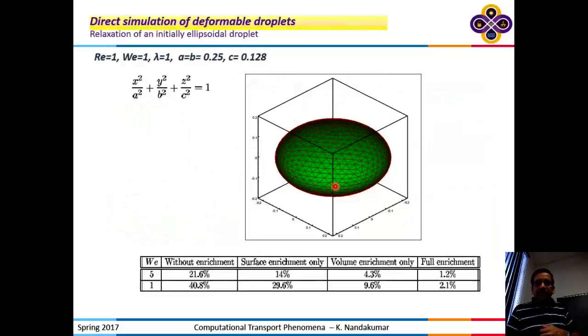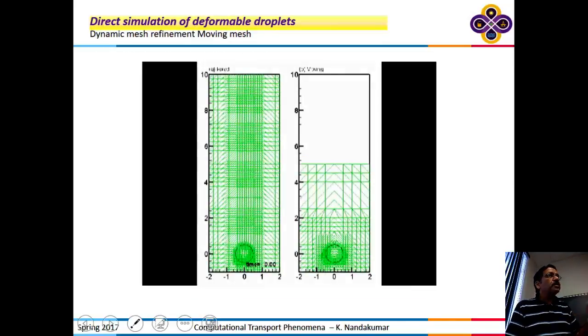So again, I had some animations, but I think they are not going to work. So I'll skip these animations. So this one is supposed to illustrate a bubble that is rising, where we have a dynamic mesh refinement. So as this bubble rises, you will see that the mesh refinement will move with the bubble. And that algorithm was put in.